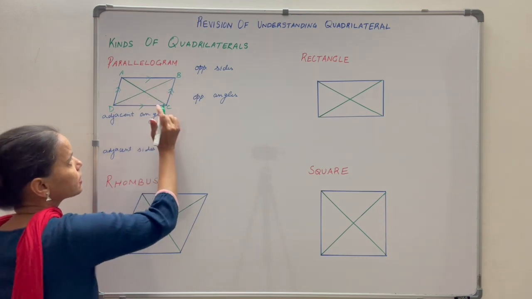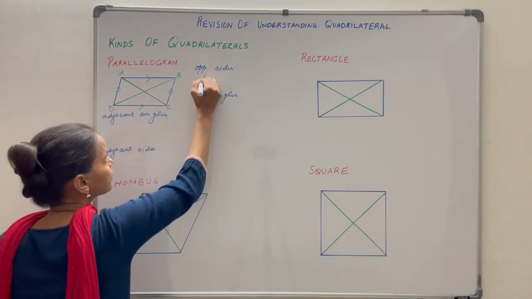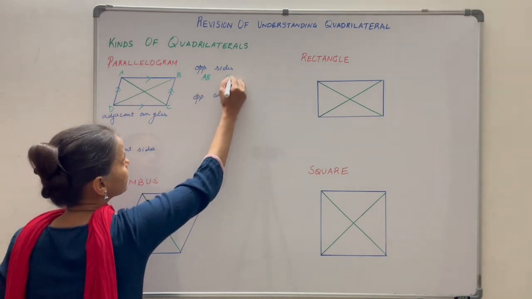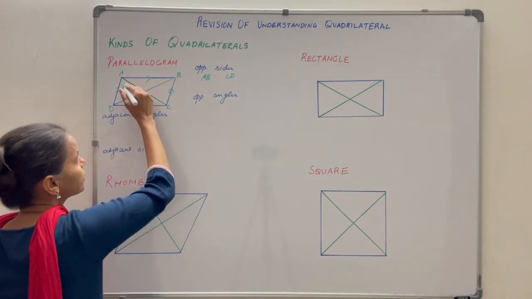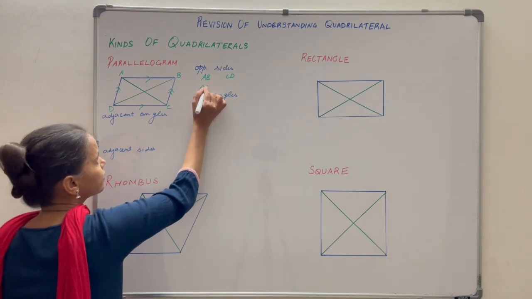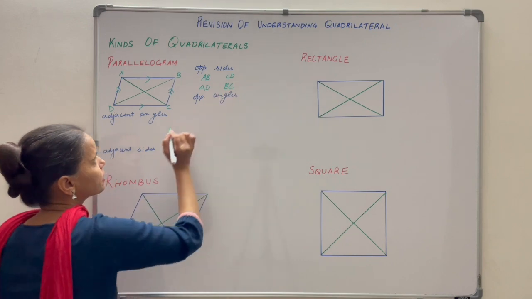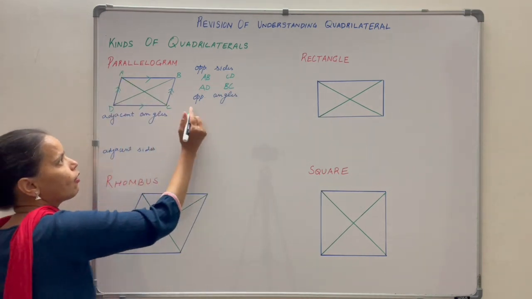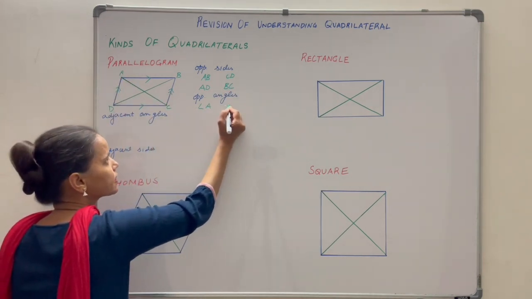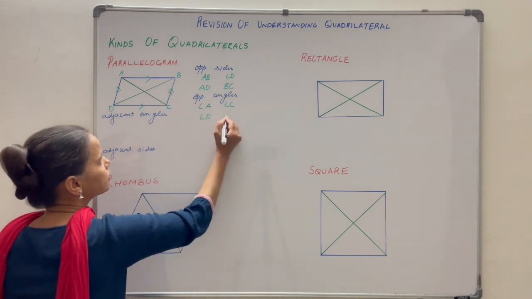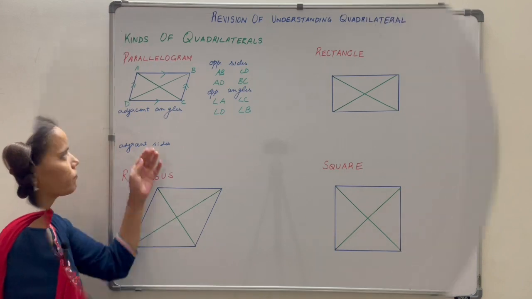So opposite sides are AB and CD. They are opposite sides. We have AD and BC. They are the opposite sides. Angle A opposite to angle C. Angle D opposite to angle B.